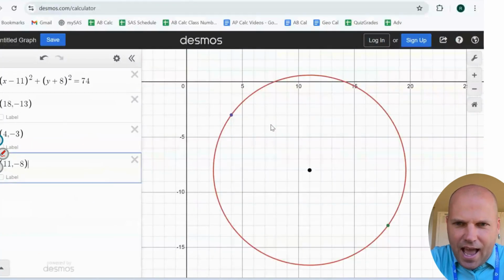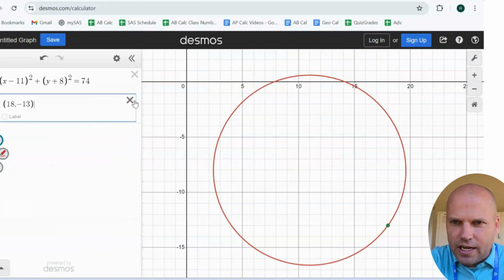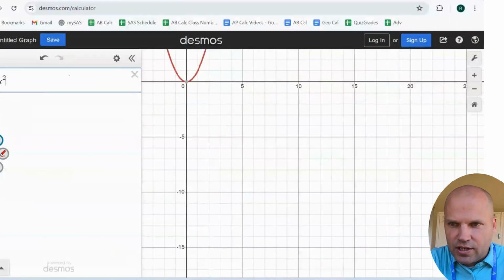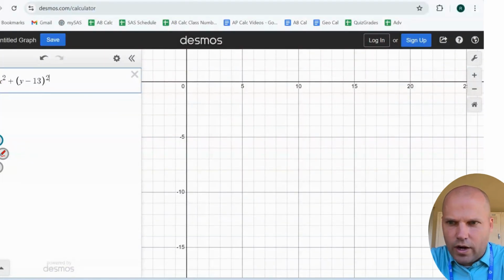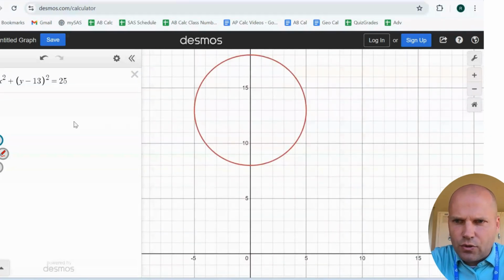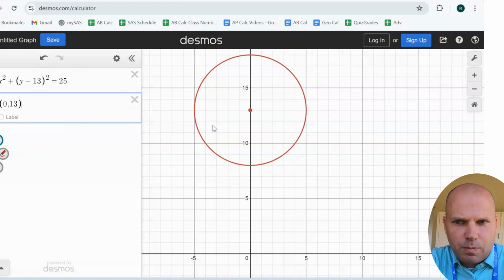And not as cool to see our handiwork, but at least we can visualize the center, x squared plus y minus 13 squared equals 25. We are at 0, 13 as the center. All of these points are my x's and my y's that are a distance of 5 away.